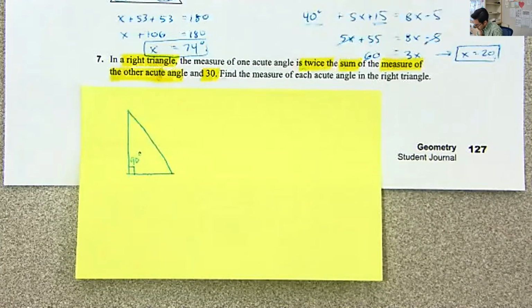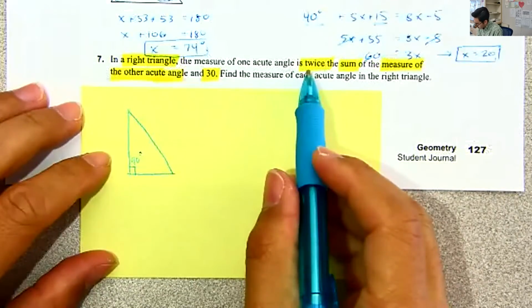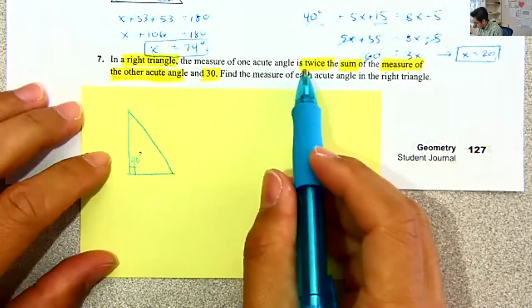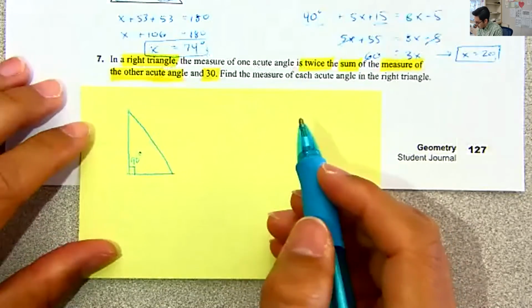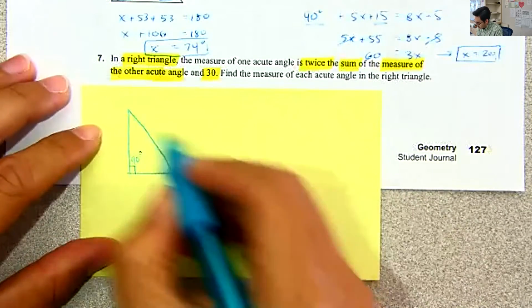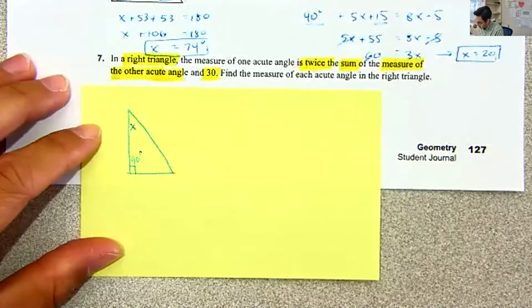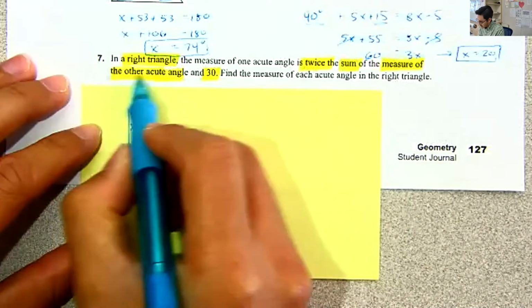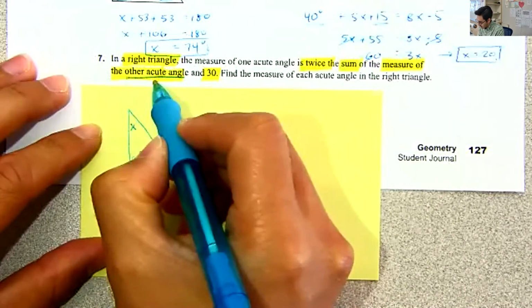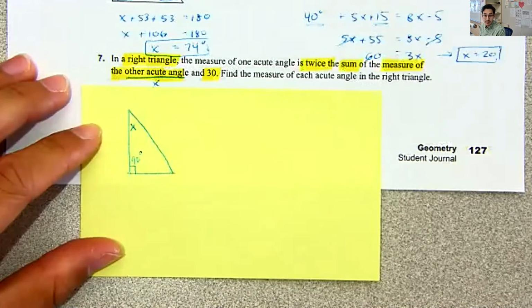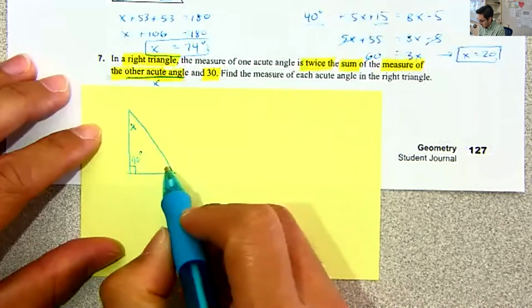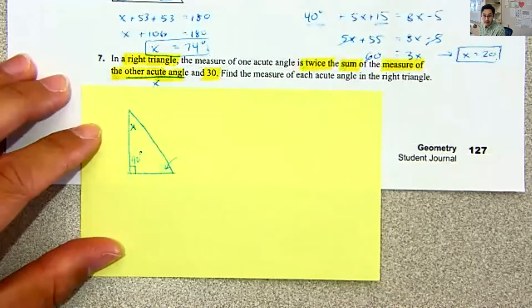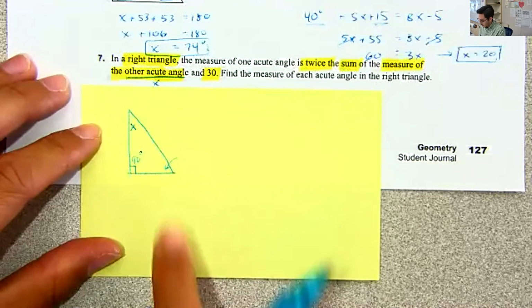So my initial thought is, let's call this angle x, so my other acute angle is going to be x. And then now I need to create an expression for the third angle.